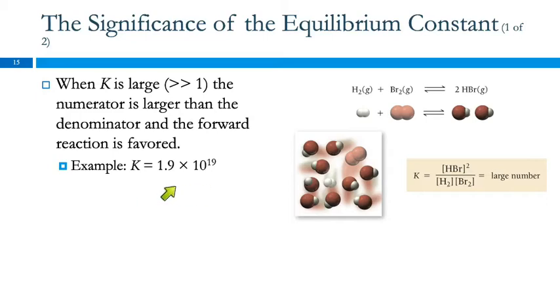So this is an example of a large equilibrium constant: 1.9 times 10 to the 19. That's a big number, right? So if that's the equilibrium constant here, then the HBr concentration must be much bigger than the H2 and the Br2 concentration at equilibrium. Yes?